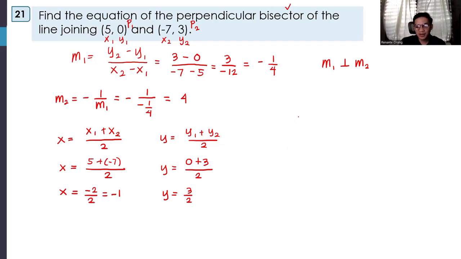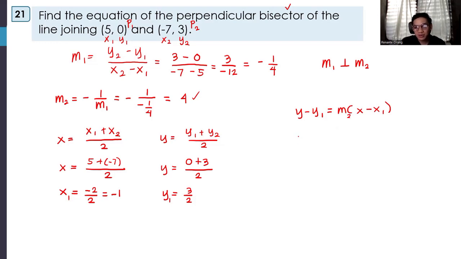So for our last part, we will be using point slope method or point slope form for our formula para ma-create natin yung ating equation. So that is y minus y sub 1 is equivalent to m times x minus x sub 1. So for this one, ito yung magiging x sub 1 natin, ito yung magiging y sub 1 natin. Then yung slope na gagamitin natin is etong M2. Ito siya.